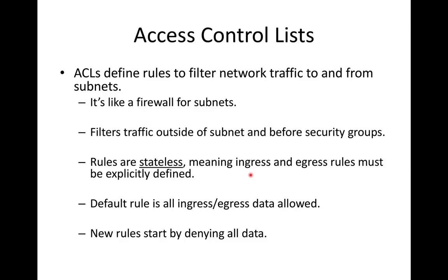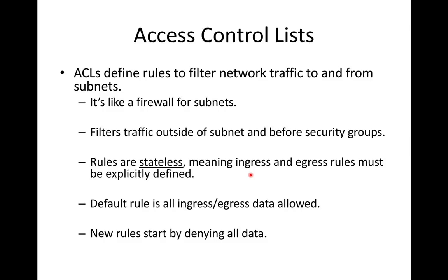These access control list rules are stateless, meaning that if you configure an access control list rule on a subnet and you are allowing port 80 traffic into the subnet, if you want port 80 traffic to also exit the subnet, or egress the subnet, then you also have to specifically allow outgoing port 80 traffic as well. That has to be explicitly defined in the access control list.